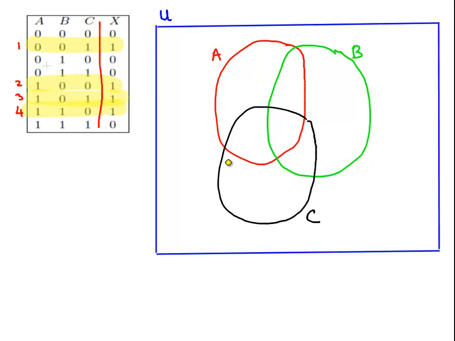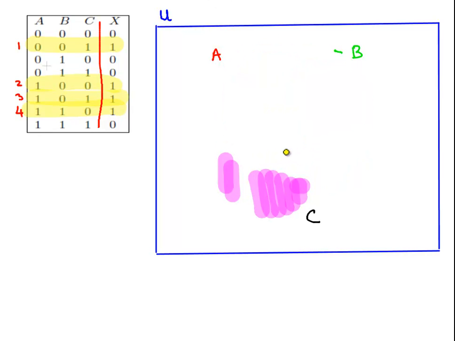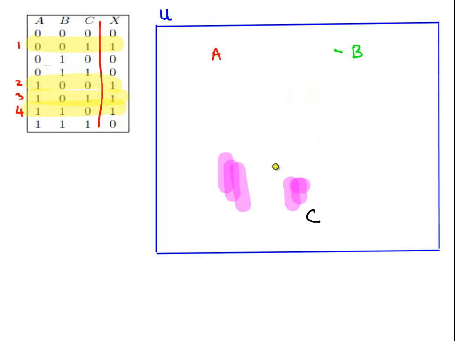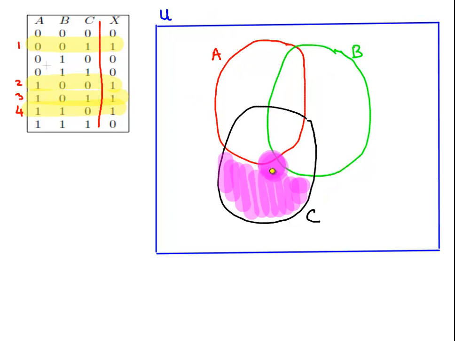This is this region here, and I'm going to shade it in with the highlighter. We can make it a little bit neater later on. It shouldn't overlap there. Never mind. So that's region 1.